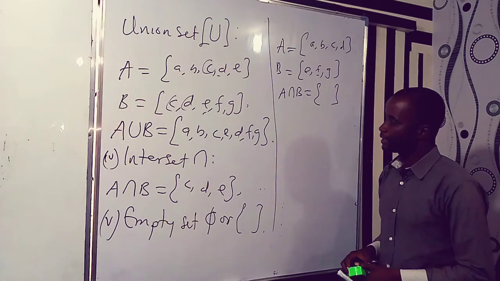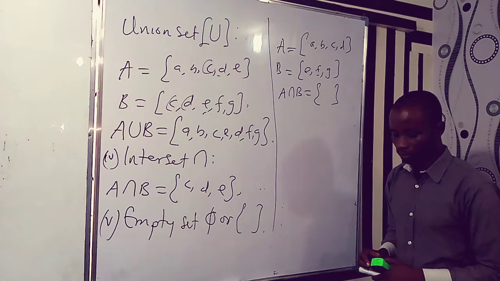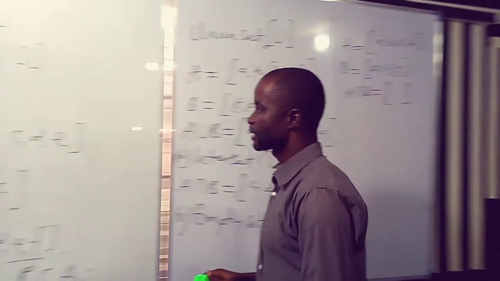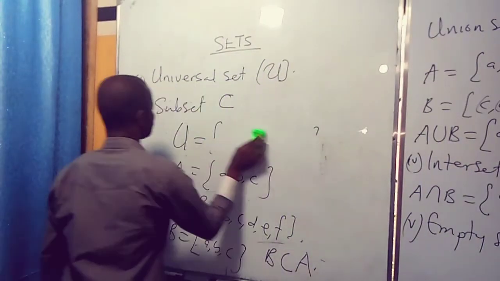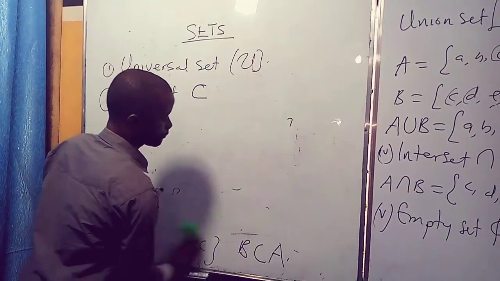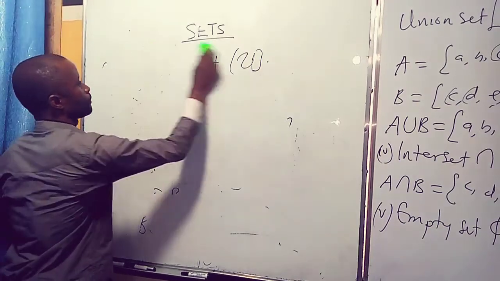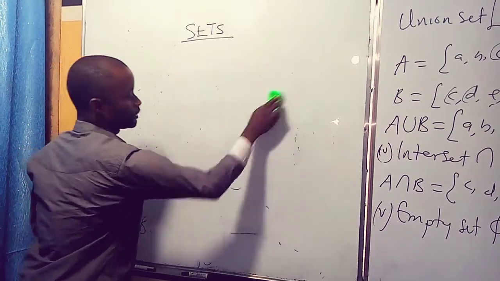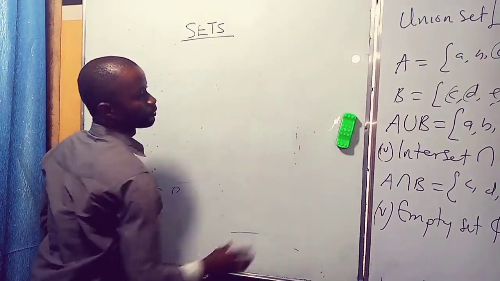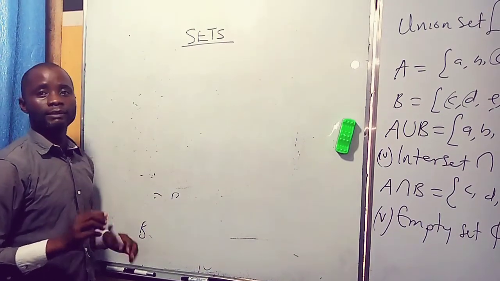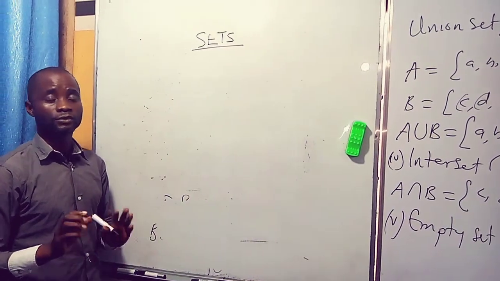Now the next one is what we call complement. Set complements, or complement of sets. The complement of a set is the list of the elements that are present in the universal set that are not in the subset.